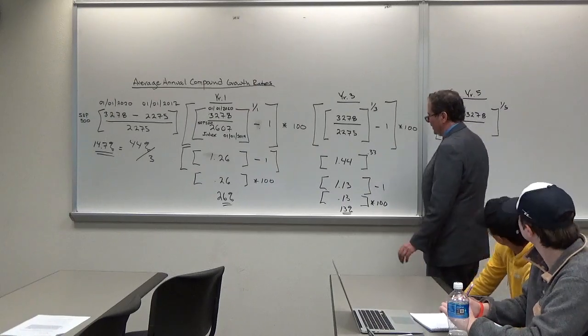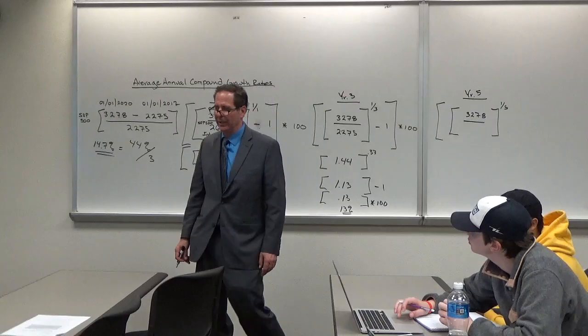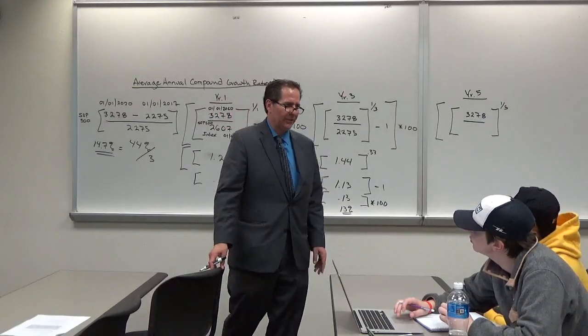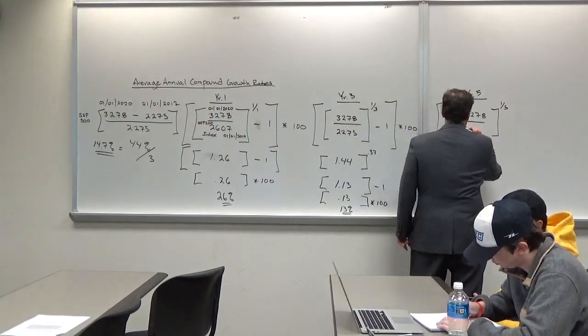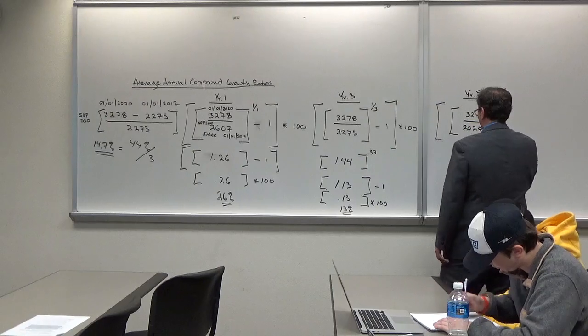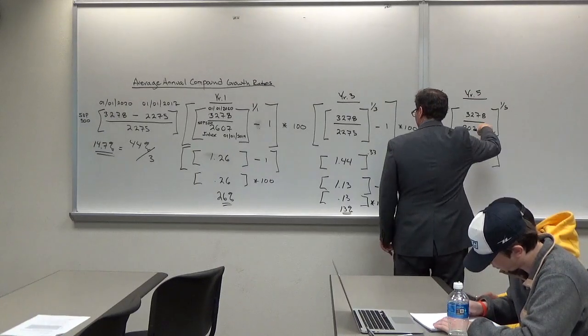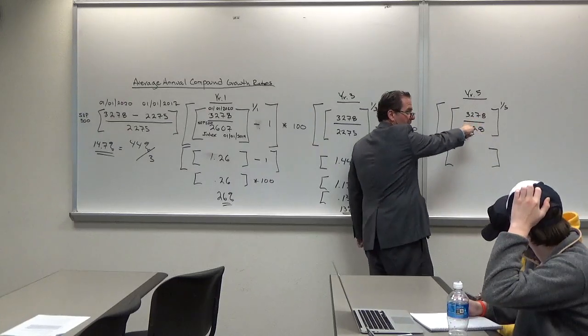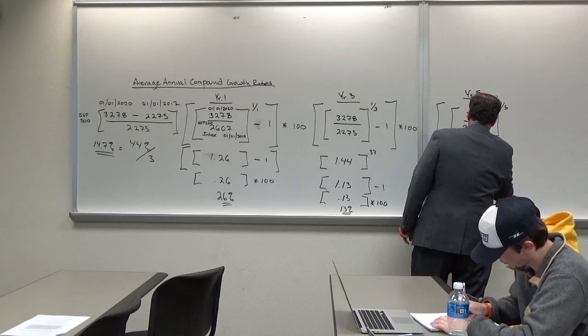So where was the S&P 500 index as of January 2015? 2028. Got it. Okay, and what's the ratio right here? 1.61.